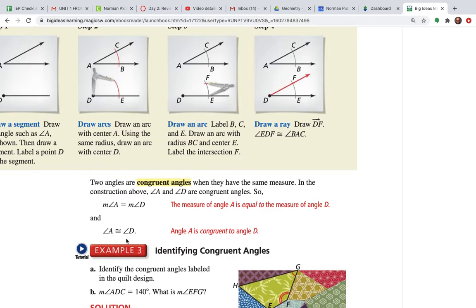So if you didn't catch that from previous sections, now is the time. If the measure is equal to the other measure, if the numbers are the same, then angle A is congruent to, is the same as angle D. Got it?